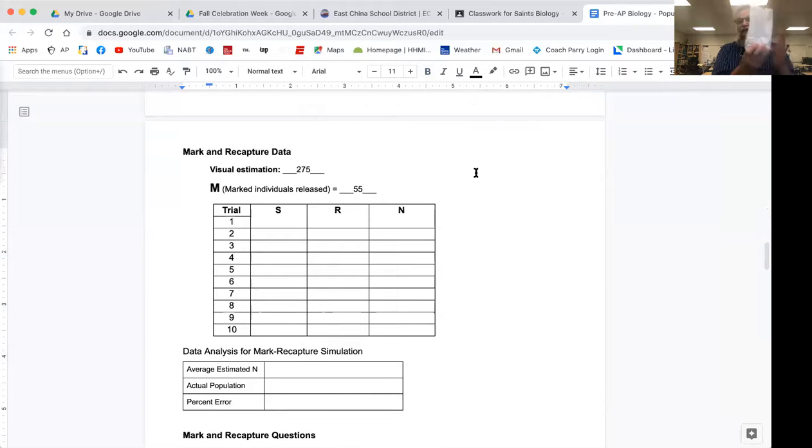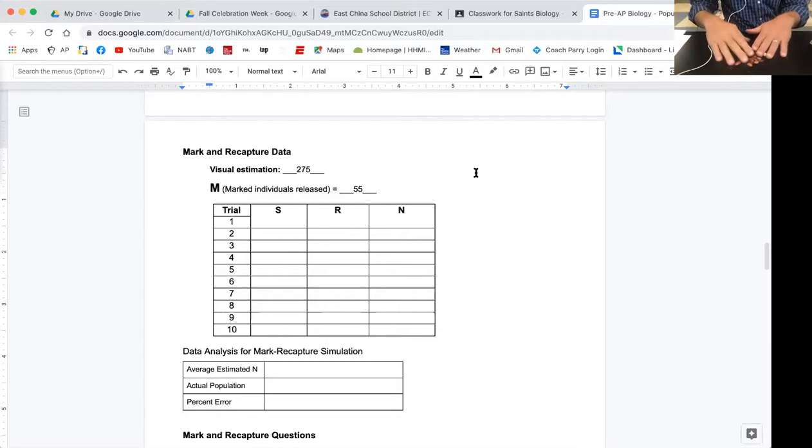Those are now in the bag. I have the red and the white beans in my bag. What I have to do for the next 10 trials is shake this up and pull out a sample. All right. Let's move my screen over.